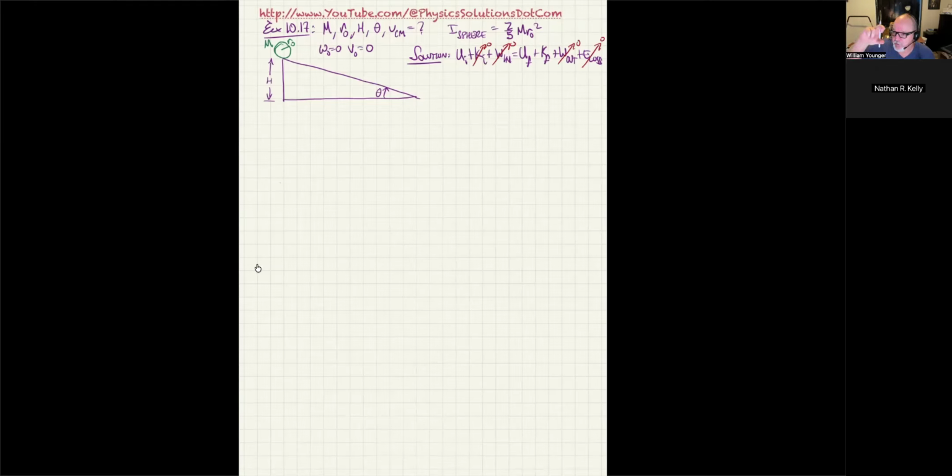Because the center of mass is always going to be an amount r0 above it. So it's basically like moving my coordinate system from U equals 0 here to U equals 0 here, which is 0 plus r0. So I'm going to treat it as if the zero of potential is when the bottom of the ball reaches the bottom of the incline.